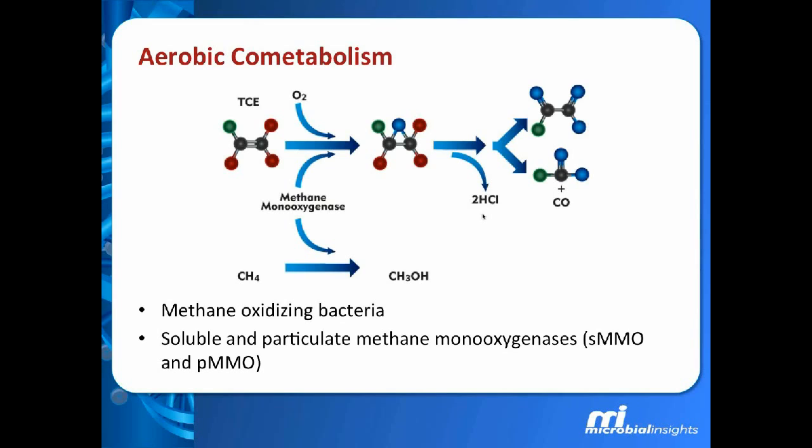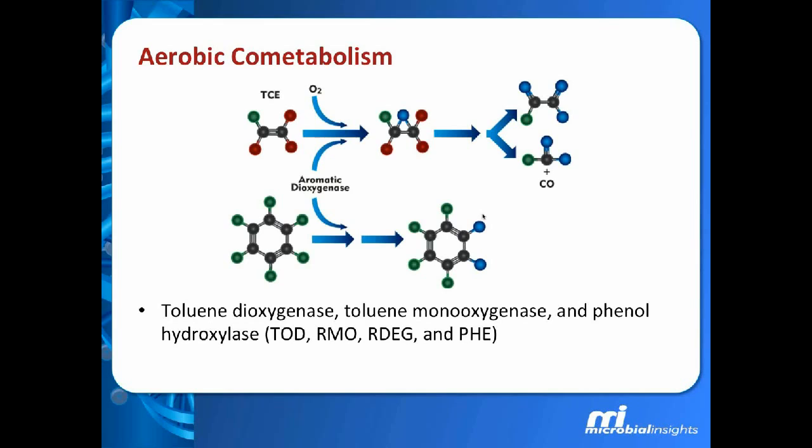Just like the methane monooxygenase, aerobic oxygenases have also exhibited relaxed specificity, and many are capable of co-oxidation of TCE and lesser chlorinated ethenes. The example shown here is for toluene dioxygenase, which has received the most attention for aerobic cometabolism of chlorinated ethenes. It certainly isn't the only one that can do it, however.